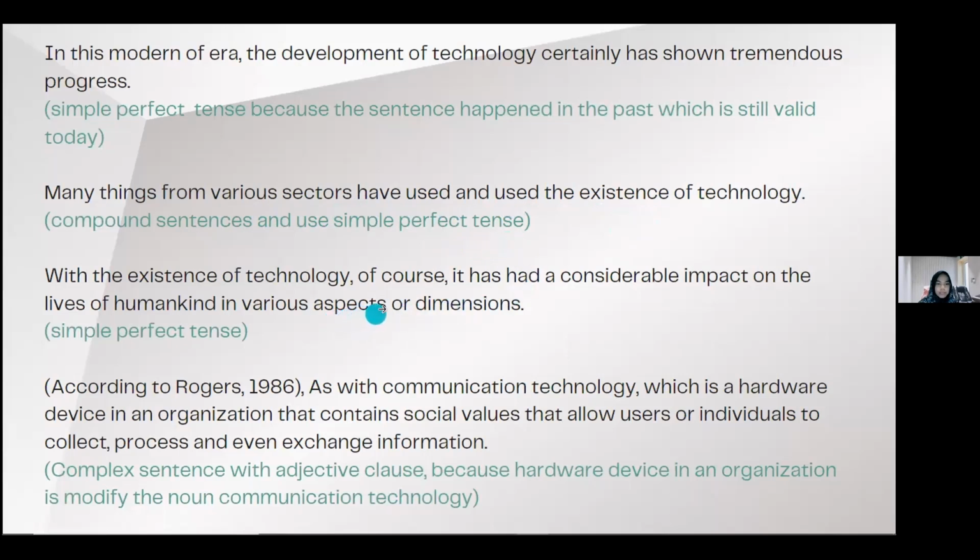With the existence of technology, of course, it has had a considerable impact on the life of humankind in various aspects or dimensions. This sentence is present perfect tense.